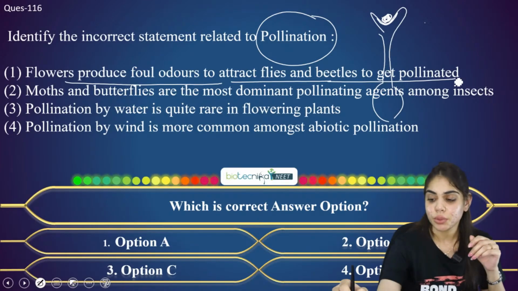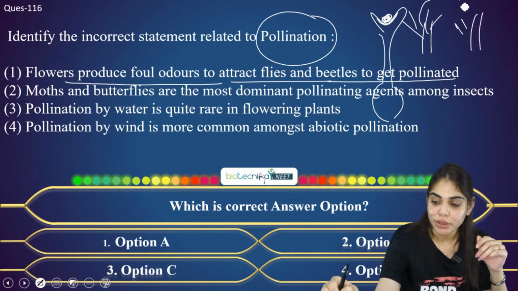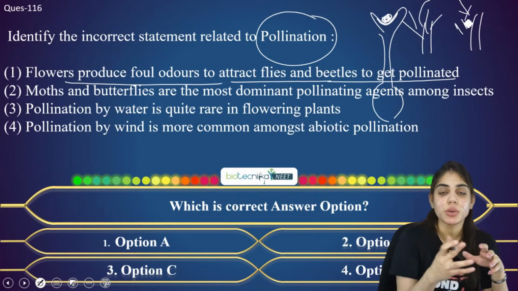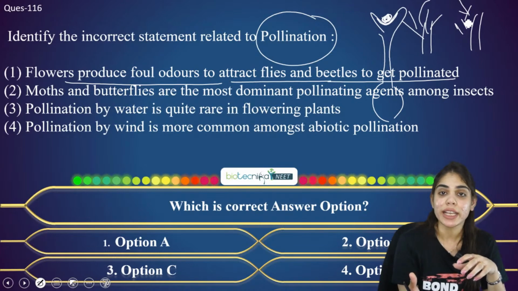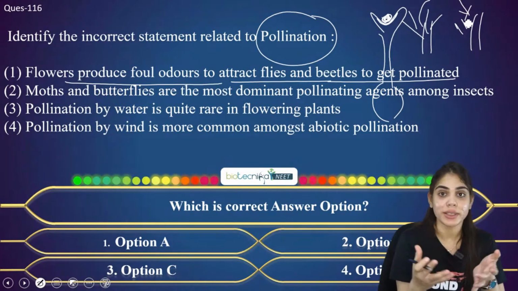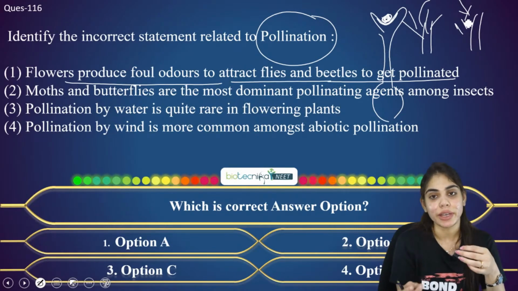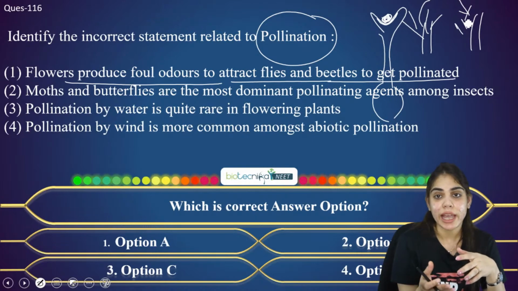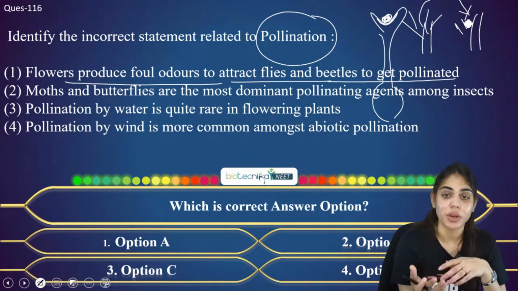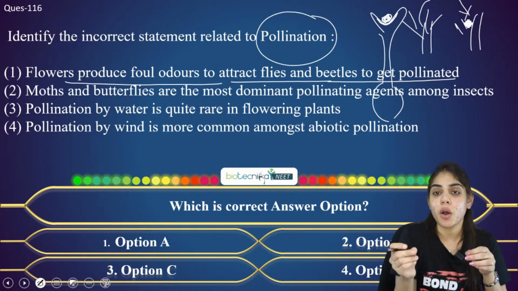Suppose there are two different plants. If pollen grain has to travel from here to here, who will carry it? Plants will not come walking by themselves, right? Who will carry it? Insects or mediators or wind. If a very strong wind blows, this transfer of pollen grain will happen. Or even rain, that means hydrophily, transmission through water is taking place. What is transferred? The pollen grain is transferred to the stigma of another flower.